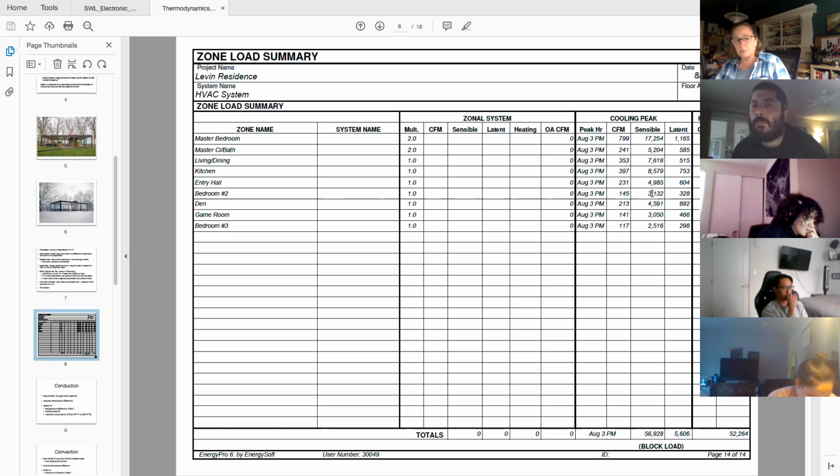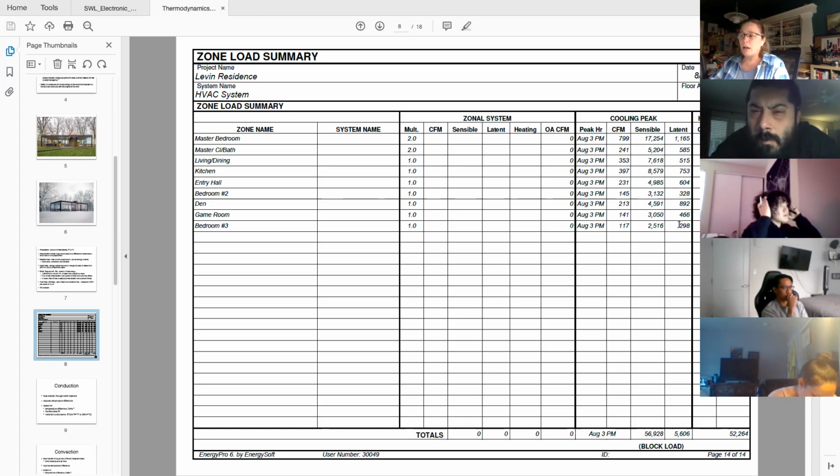The first one is the sensible heat. That is the energy required to lower the dry heat content, to take the temperature from 85 down to 78. The latent heat is the energy required to remove the humidity in the air, the moisture in the air, as that temperature comes down.